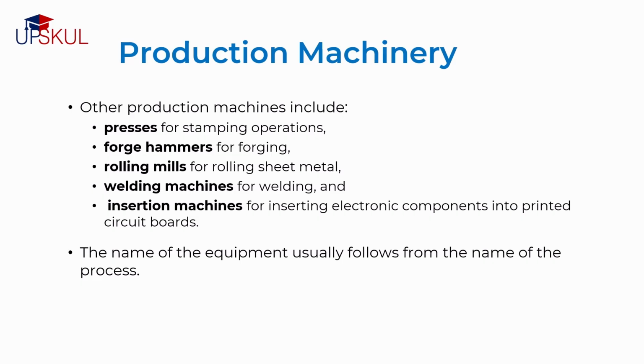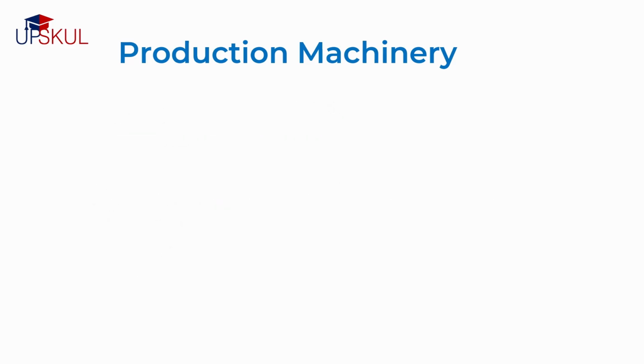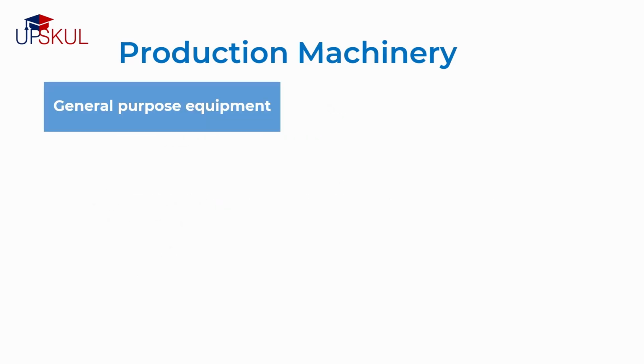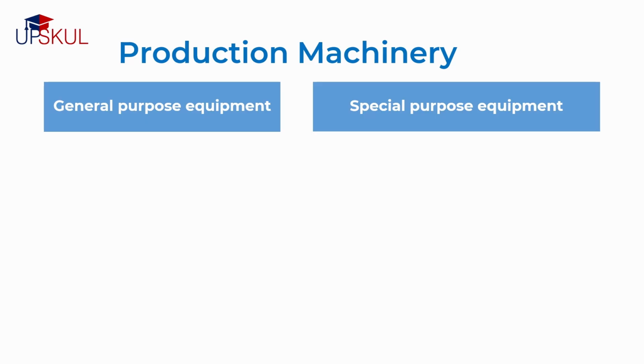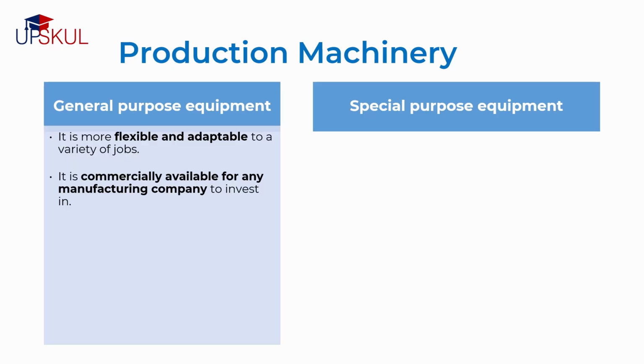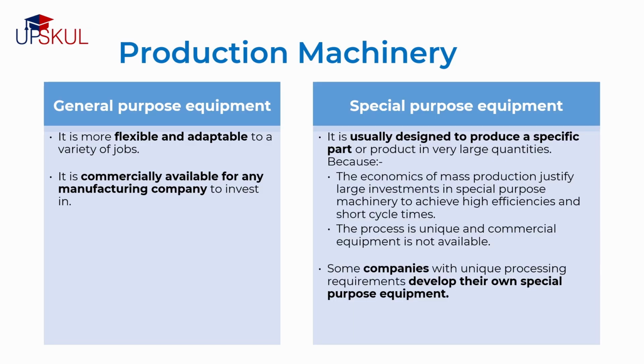Production equipment can be general purpose or special purpose. General purpose equipment is more flexible and adaptable to a variety of jobs. It is commercially available for any manufacturing company to invest in. Special purpose equipment is usually designed to produce a specific part or product in very large quantities.